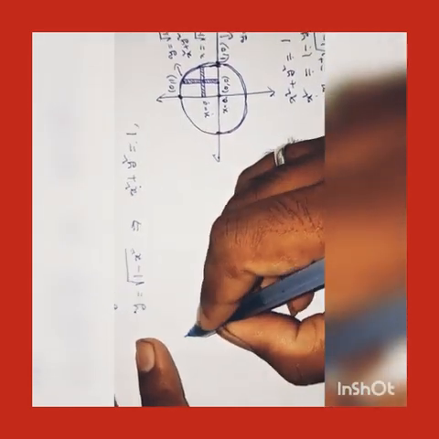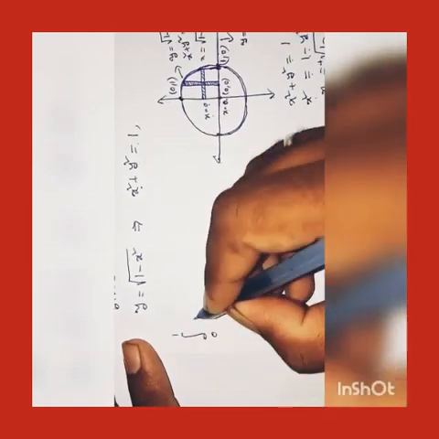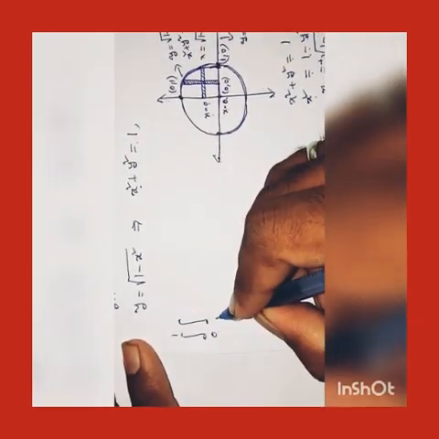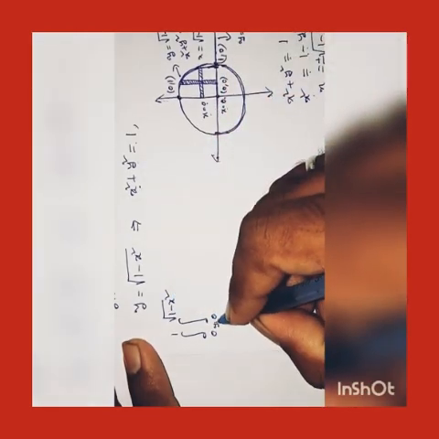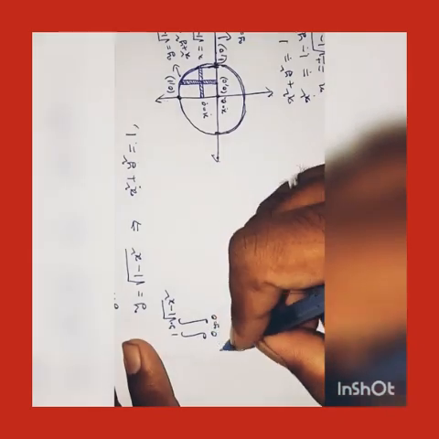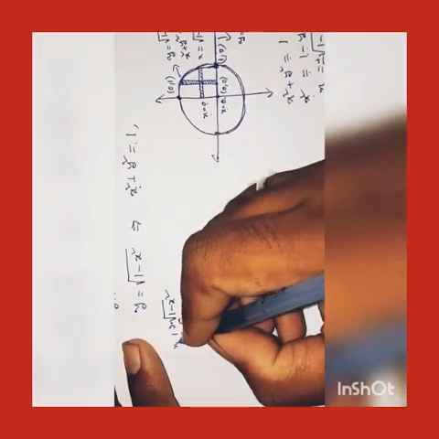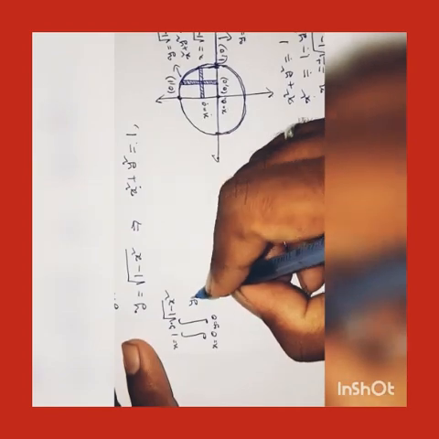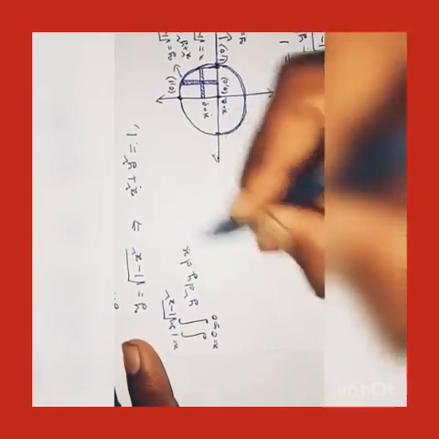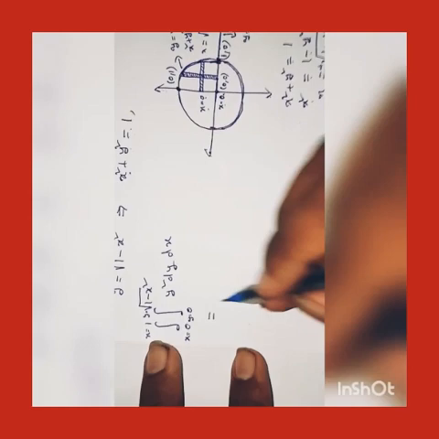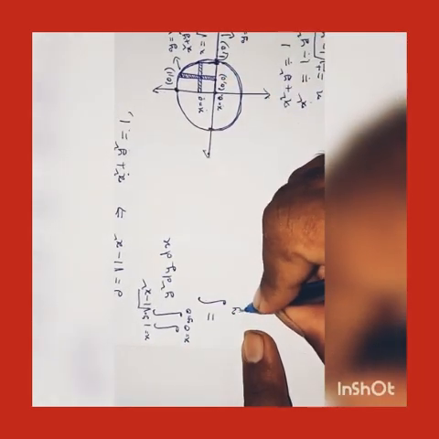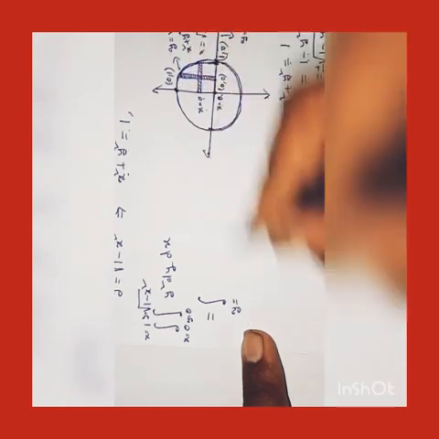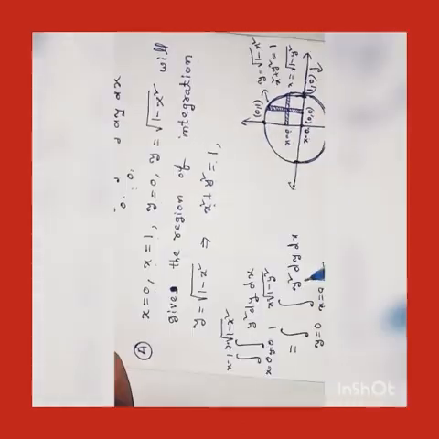Therefore, this is the given problem: integral of y is equal to 0 to y is equal to root of 1 minus x square, x is equal to 0 to x is equal to 1, y square dy dx. After changing the order of integration, this time y is moving from 0 to 1, and we integrate first with respect to x.